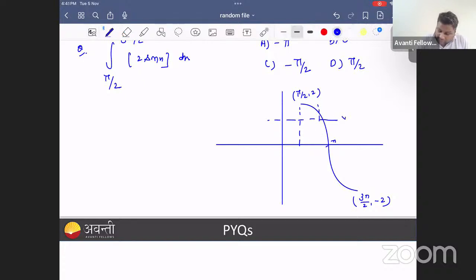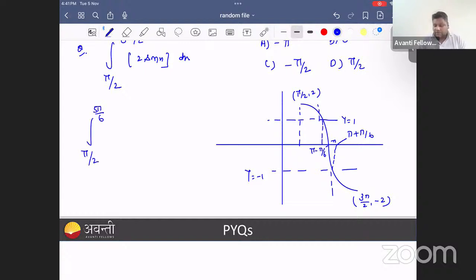This is y equals to 1 line. And this is y equals to minus 1 line. Got it? So this point will be pi minus pi by 6. And this point will be pi plus pi by 6. Now, the question will become pi by 2 to 5 pi by 6, value of the greatest integer will become 1.